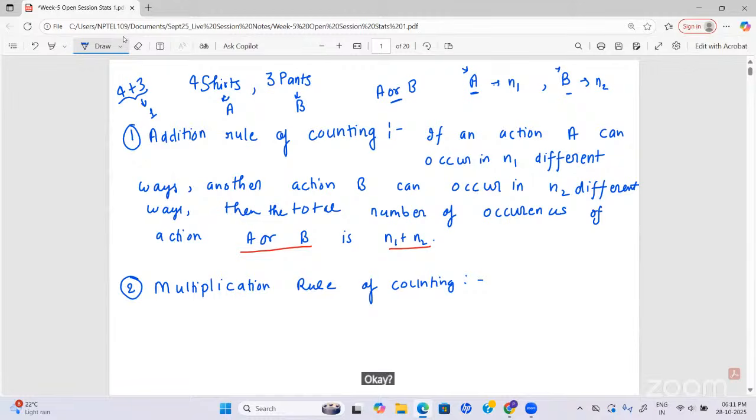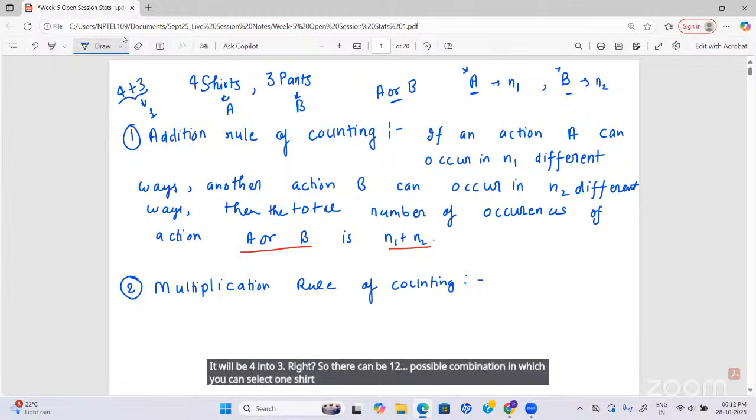Now you have to select 1 shirt and 1 pant out of these. How can you do that? 4 into 3, 12. So there can be 12 possible combinations in which you can select 1 shirt and 1 pant.